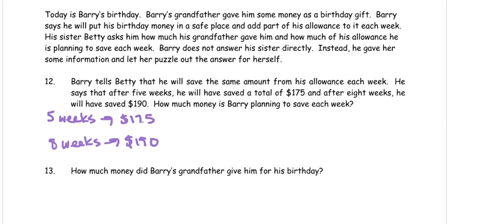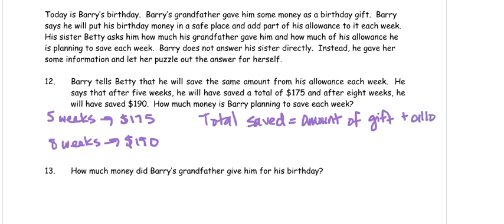I already know what these represent, but if you're not sure, just trying to have a loose equation: total saved equals amount of gift plus allowance saved times number of weeks. We can identify what all of this is, but this will help you.